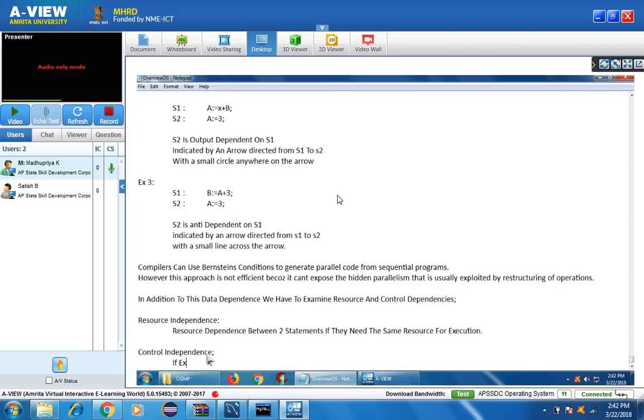Here I can say if execution of statement S2 depends on some condition tested in statement S1, then S2 is said to be control dependent on S1.